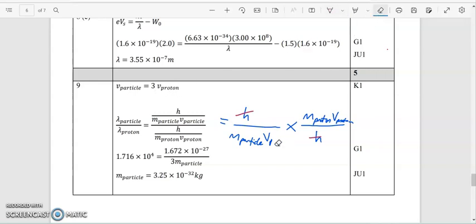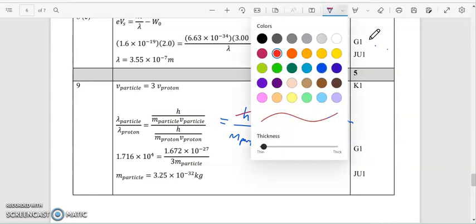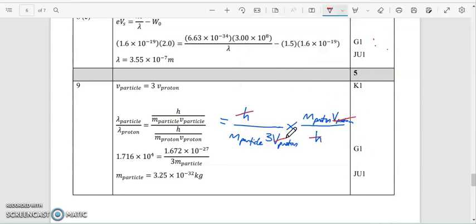Now we can substitute the velocity of the particle as 3 times the velocity of the proton. Then we can cancel the velocity of the proton. So this equation becomes mass of proton divided by 3 times mass of particle, where the ratio is equal to 1.716 times 10 power of 4.